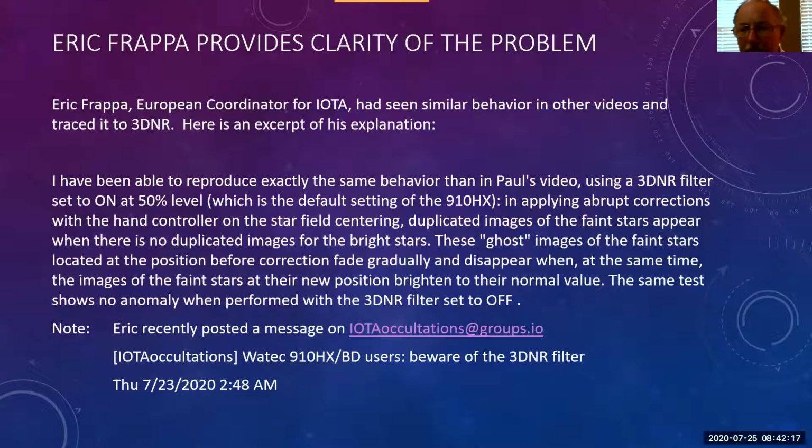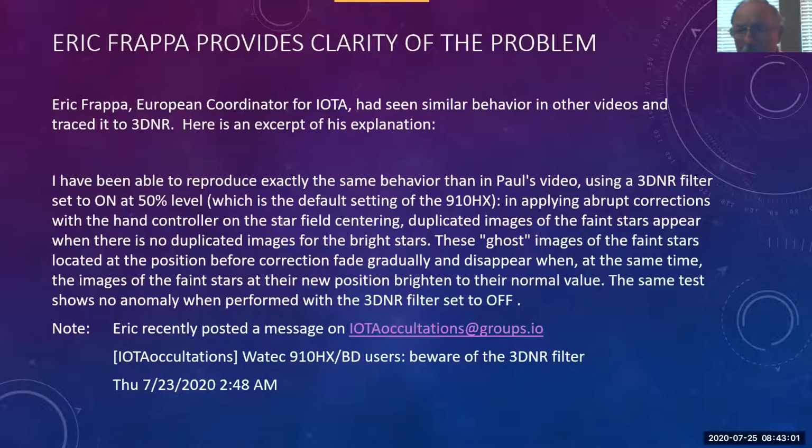So what he did was he applied abrupt moves to the telescope to make the star jerk to a different position. In applying abrupt corrections with the hand controller on the star field centering, duplicated images of the faint stars appear when there's no duplicated images for the bright stars. So what 3DNR was doing was tracking bright stars, making them look fine, but the faint stars, it was creating ghost images that would gradually fade away and gradually brighten.